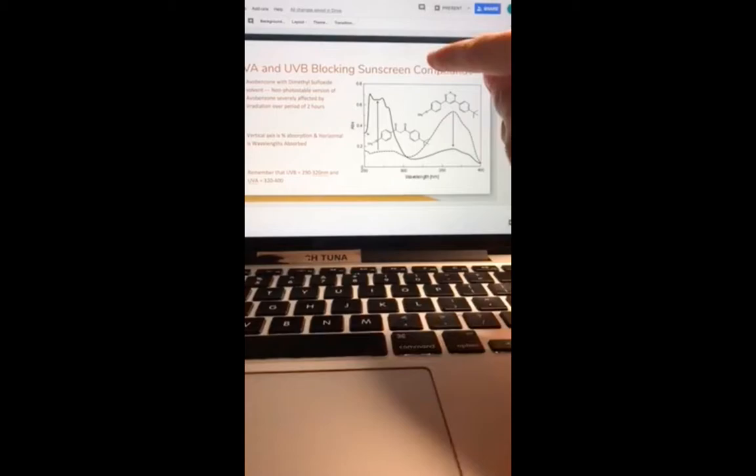And then this one is just showing different types of sunscreens and what their absorbance is. So you have zinc oxide, which is a physical or inorganic sunscreen, and then these two are just other compounds. And what this graph isn't showing, though, it looks like zinc oxide is just the best because it has the highest absorbance among all wavelengths.